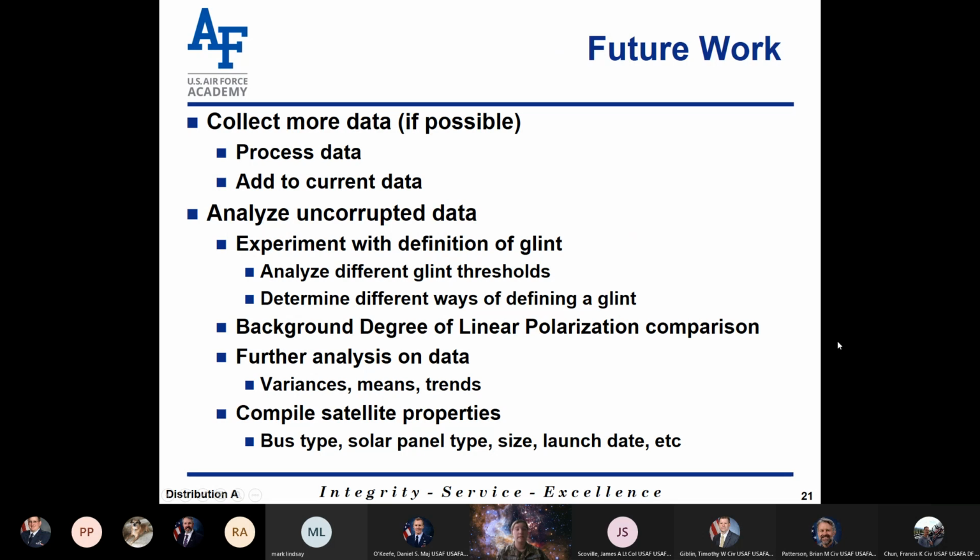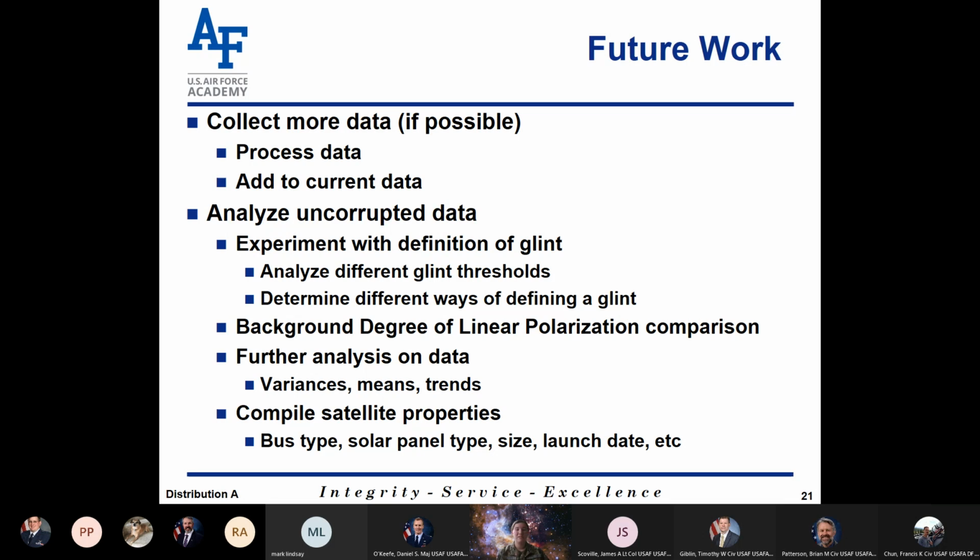So currently I'm collecting a lot of satellite properties on the internet, like bus type, launch dates, launch vehicles, just a lot of different satellite characteristics to see if we can make any conclusions about any correlation between them.